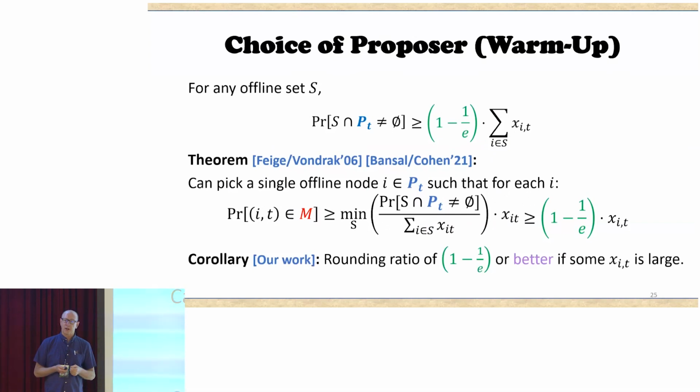So it follows from this earlier work of Feige and Vondrak and Bansal and Cohen that we can get 1 minus 1 over e. So let me quickly show you how we can do that.